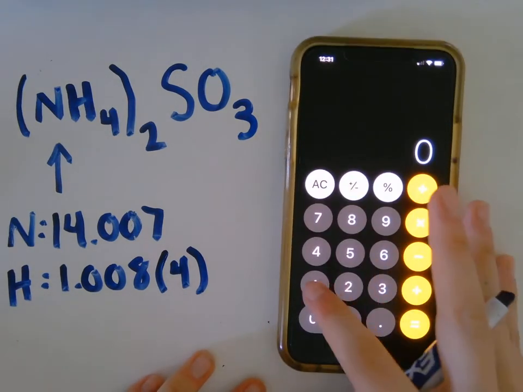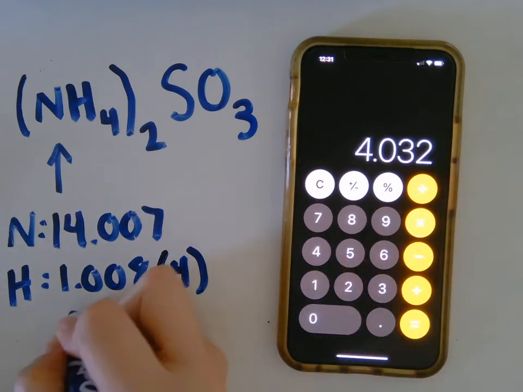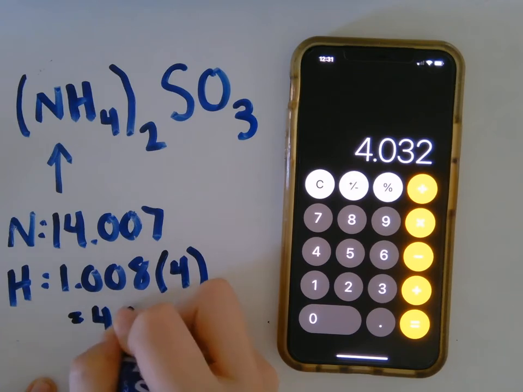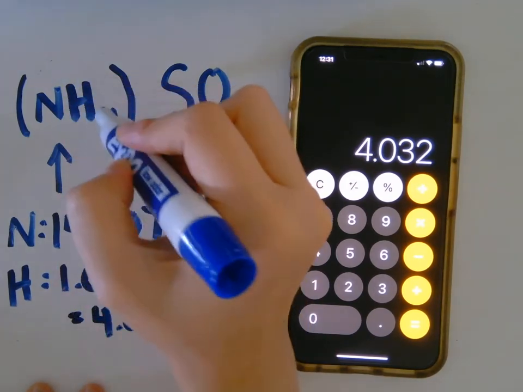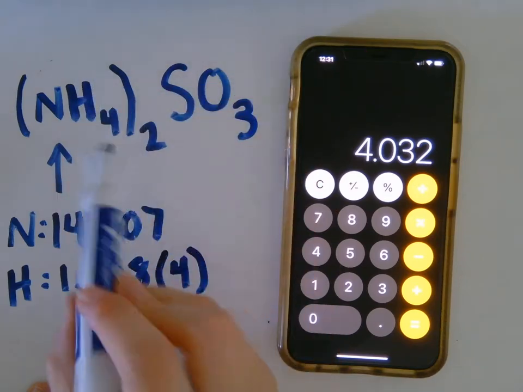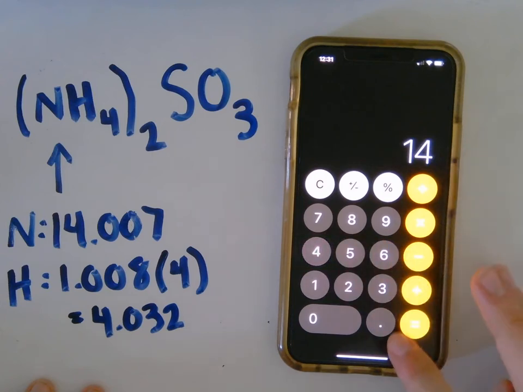So 1.008 times 4 is equal to 4.032. So I have the total mass of my hydrogens. Now I'm going to add the nitrogen, plus 14.007.